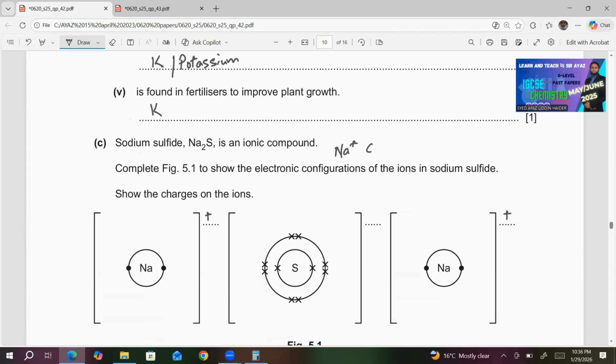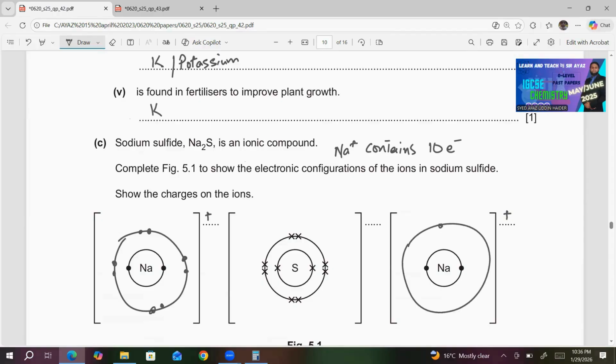Na+ contains 10 electrons now. So 2 electrons are already shown. So in the second shell, we need to show 8 more electrons. 1, 2, 3, 4, 5, 6, 7, 8. For this one, 1, 2, 3, 4, 5, 6, 7, 8.